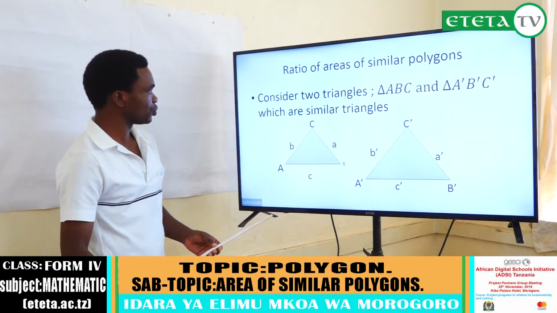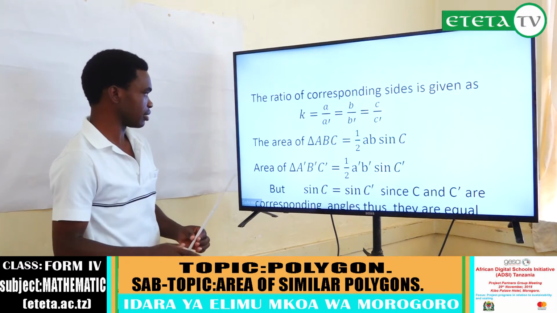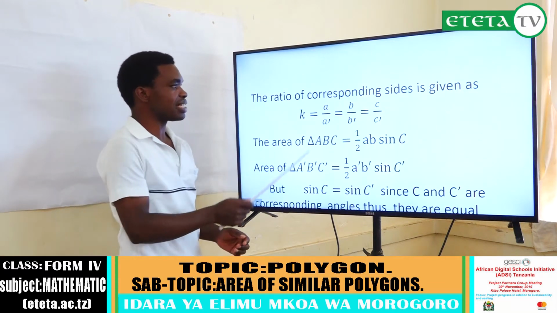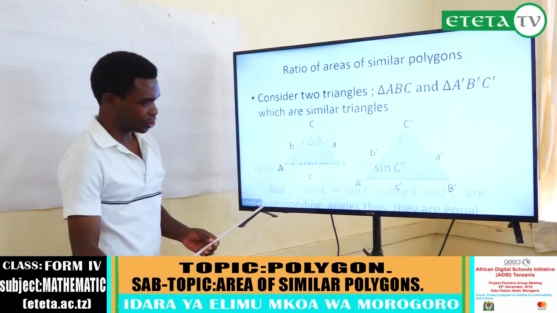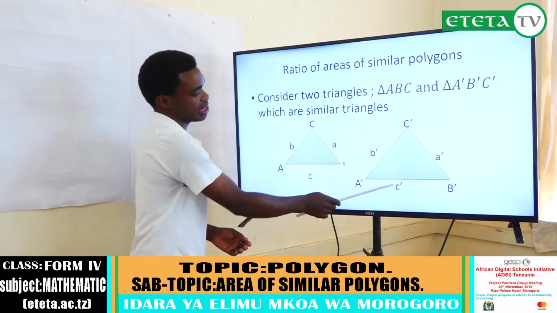As we said, we have to discuss the ratio of areas of the similar polygons. Now let us move ahead. The corresponding sides, as we said, are a and a dash, b and b dash, c and c dash.